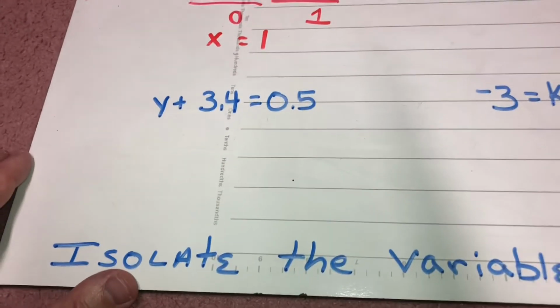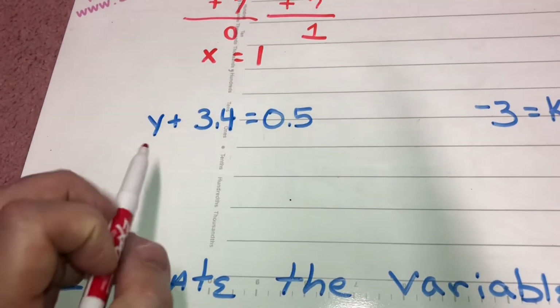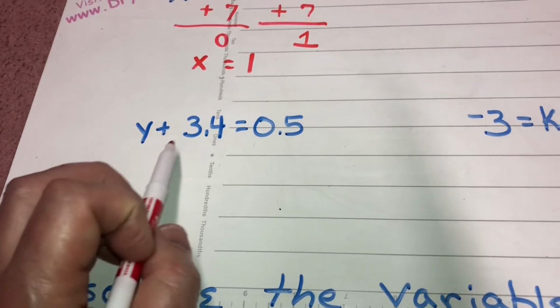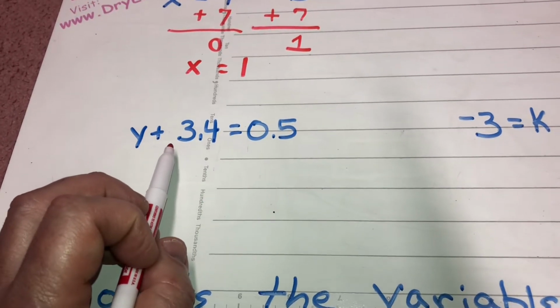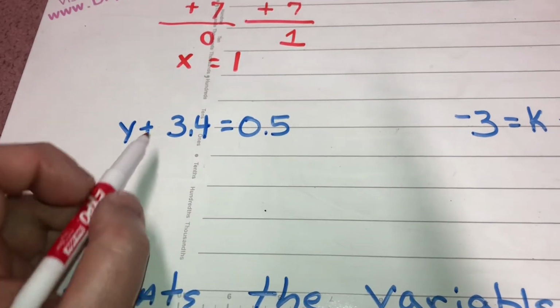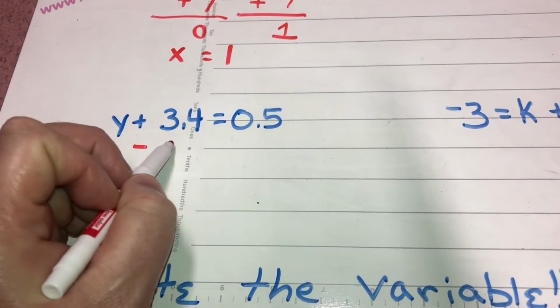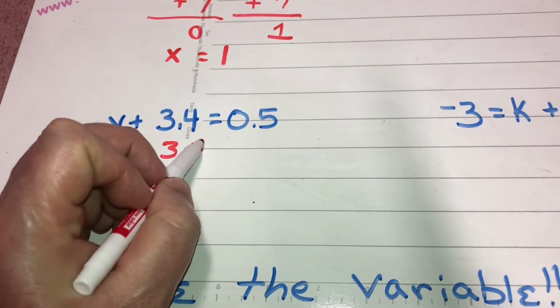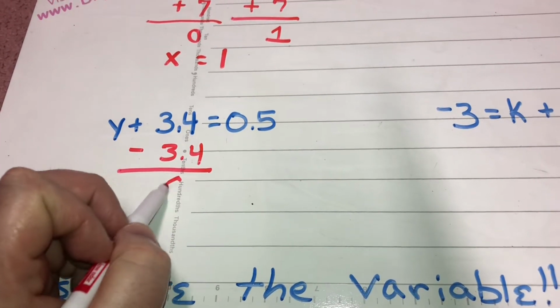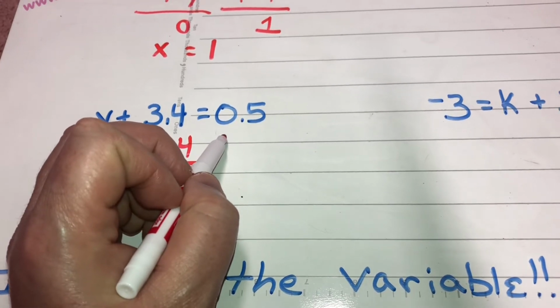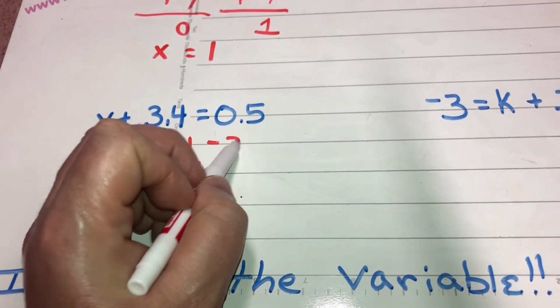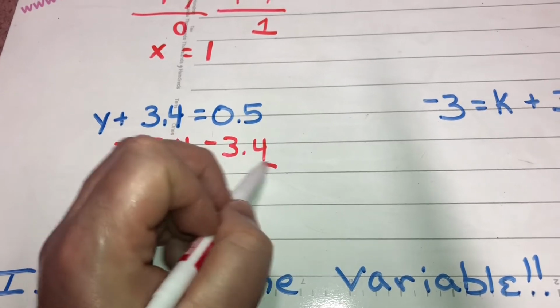y plus 3.4 equals 0.5. I need to isolate y. This is a plus 3.4, so think of it as a positive 3.4. To get to 0, I need to subtract 3.4. So over here, 0.5 minus 3.4.